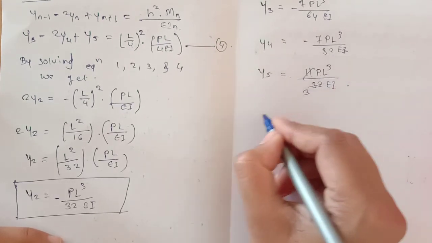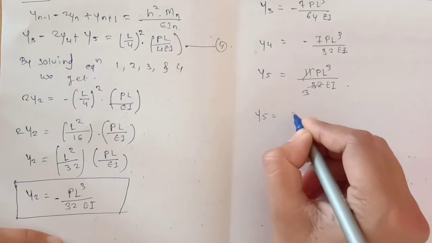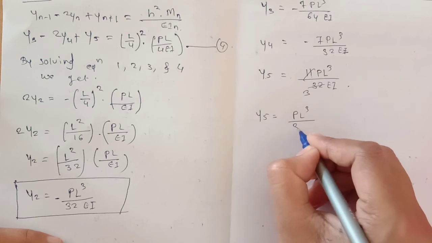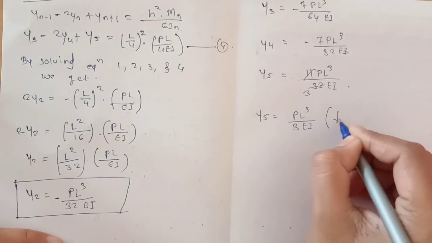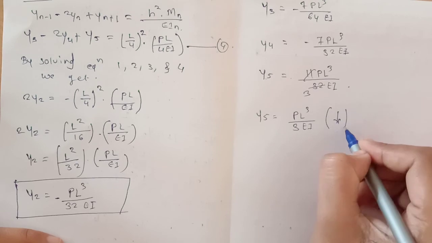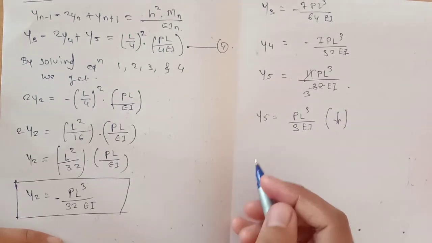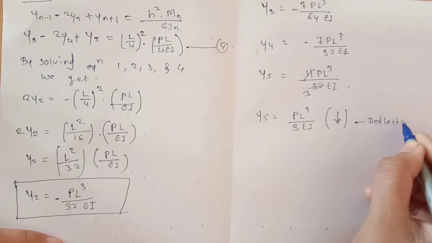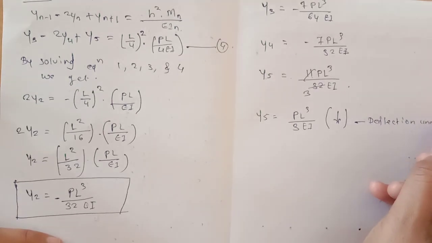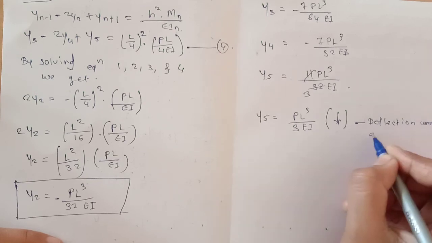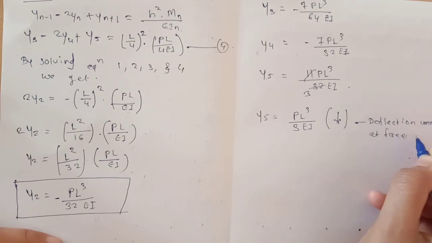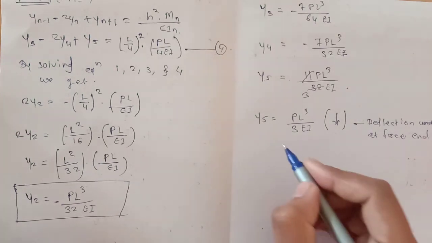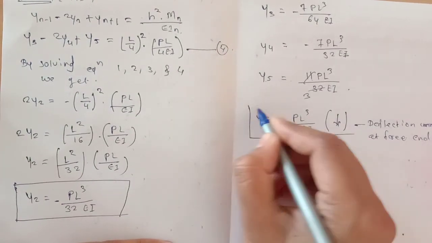That means y5 is equal to PL cube divided by 3 EI, downward side, that means negative sign. Okay, so this is our final answer, the deflection at free end, that means under the fifth nodal point. This is our final answer.